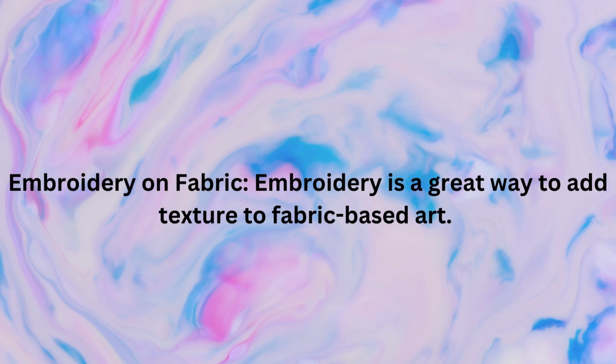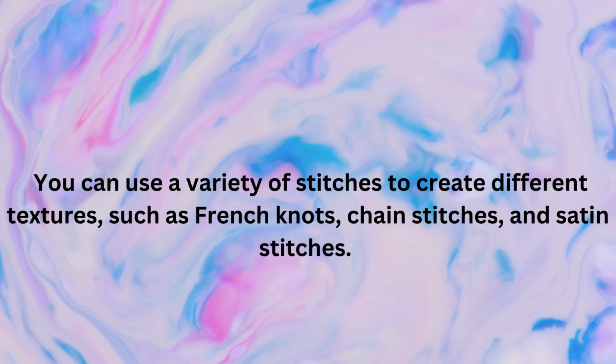Embroidery on fabric. Embroidery is a great way to add texture to fabric-based art. You can use a variety of stitches to create different textures, such as French knots, chain stitches, and satin stitches.